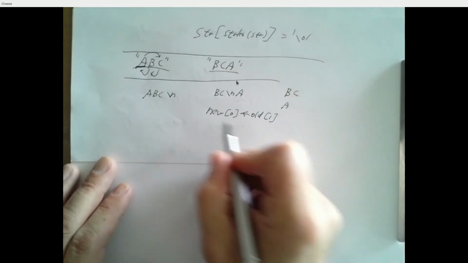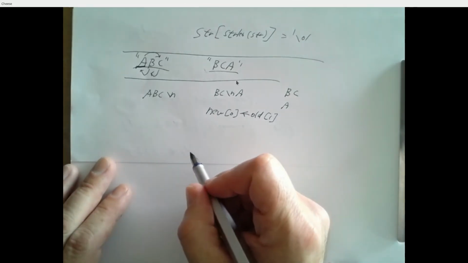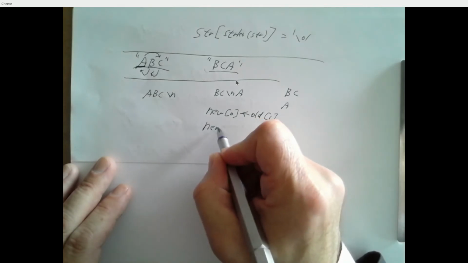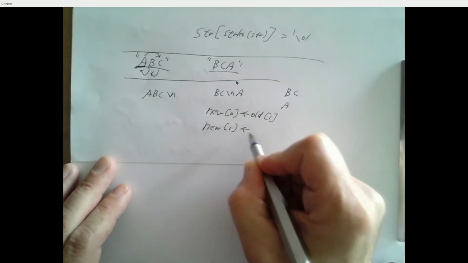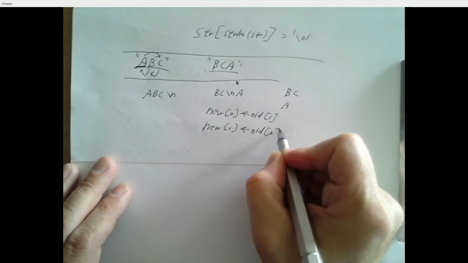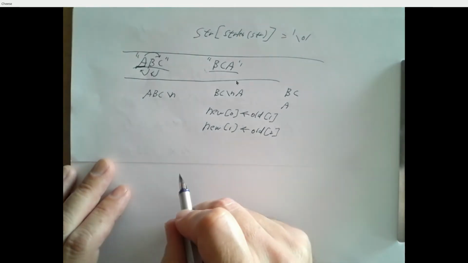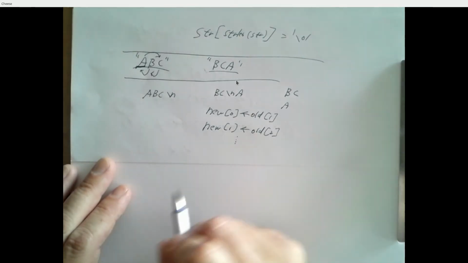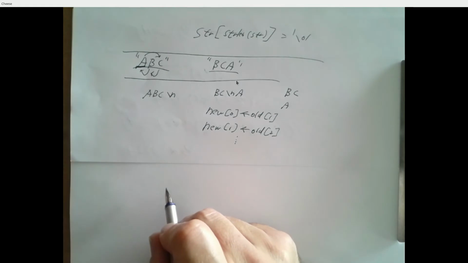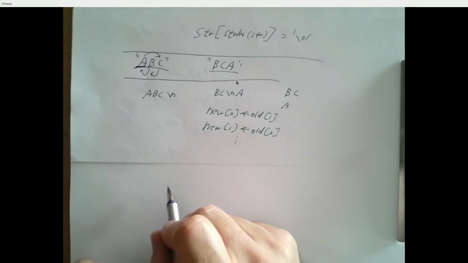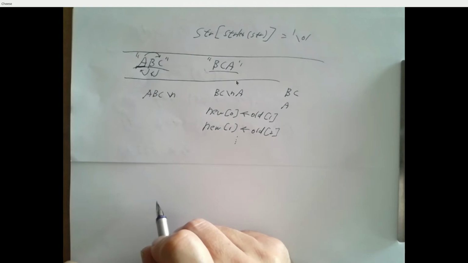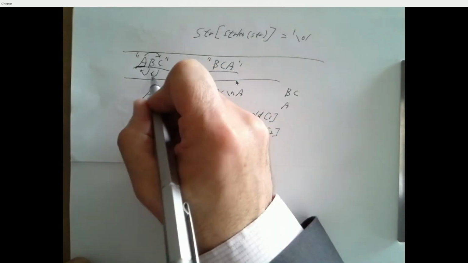So basically, you want to take character 1 from the old and put that into position 0 in the new. Take the second character from the old and put that into index 1 in the new. Keep doing that. And you've got to figure out how far to go. And you don't want to include the null terminator because that's going to be weird. But go up to whatever the last character is.